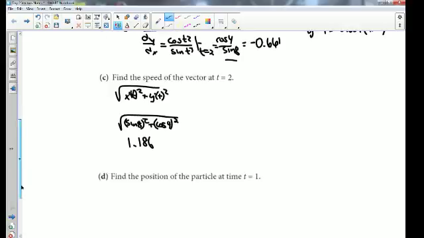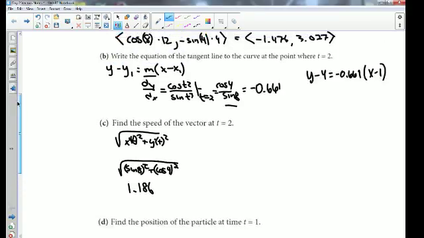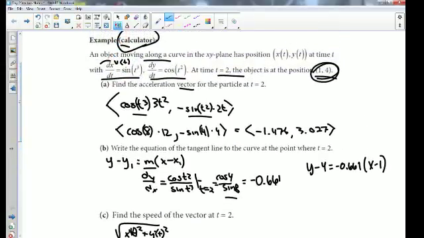Okay, here's the one that we just want to make sure we know. Find the position of the particle at time 1. So we know dx/dt, correct? How do we get to position? No, those are velocity functions, right?